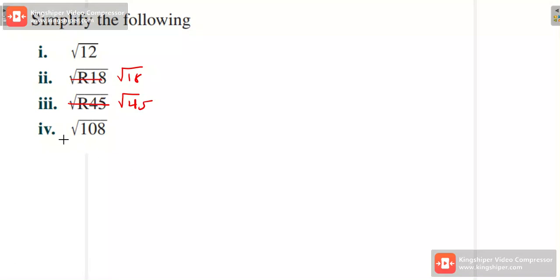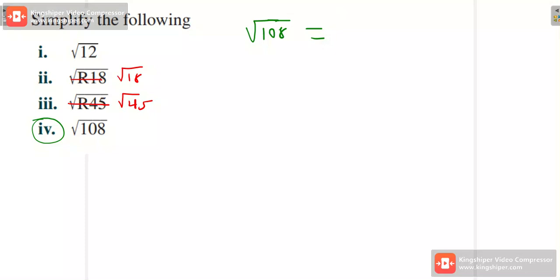So let me start with the first one, which is root of 108. For root of 108, you have to look for 2 numbers that when you multiply, you will get 108, such that one of those numbers is a perfect square. So let's start.